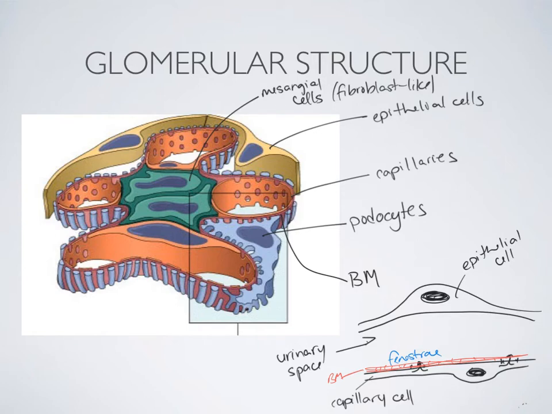It's made by the mesangial cells and the endothelial cells. And it provides an electric charge. So it's very electron dense within the glomerulus. Why is that important?